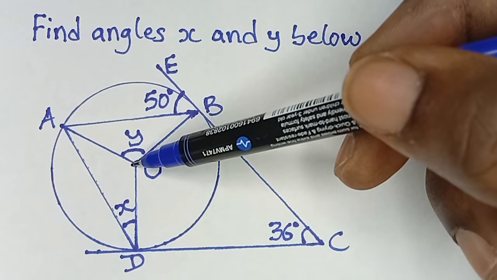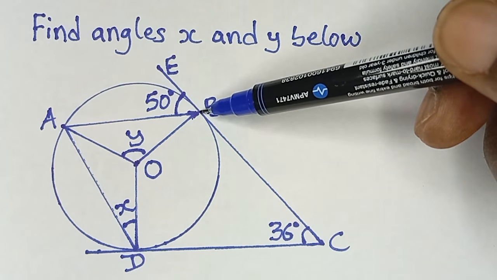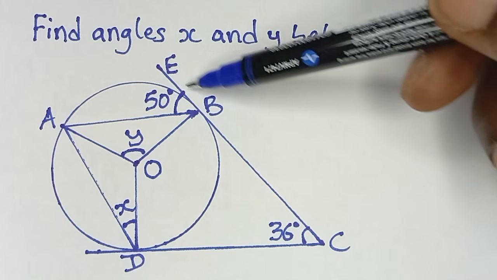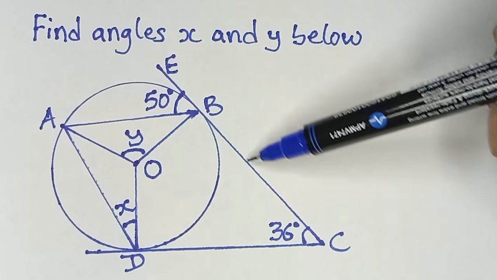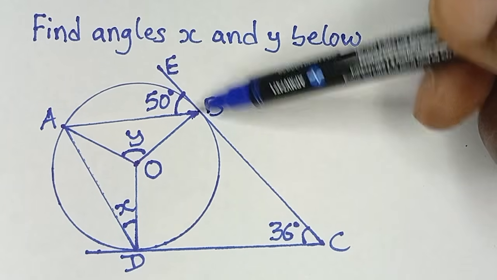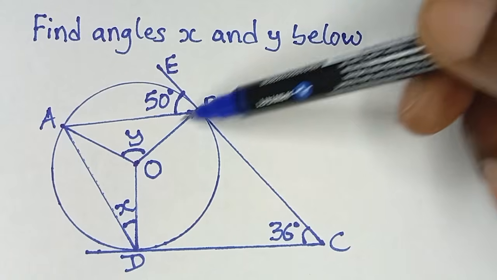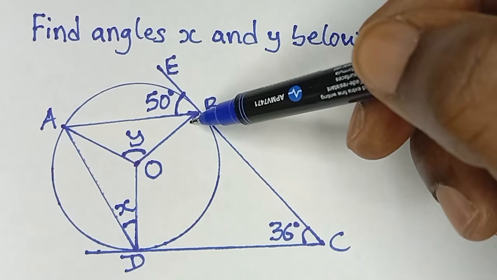Now, when you have a radius that comes in contact with a tangent, don't forget this straight line here is a tangent to the circle, an external line touching the circle. So this line is a radius and this is a tangent. So anytime a radius meets with a tangent, the angle between them is a right angle.